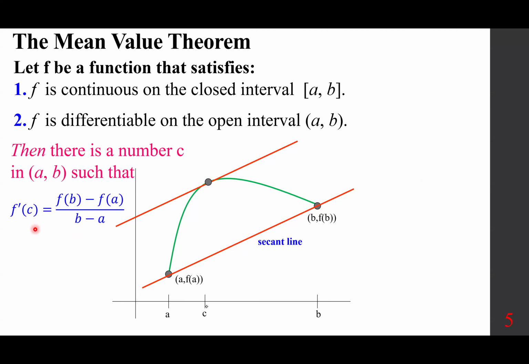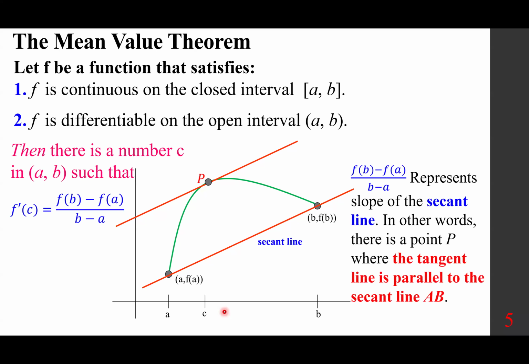So at that point, when you find the derivative, you set it equal to 0, gives you the point. That's the idea. So this is the point we are looking for. F of b minus f of a over b minus a represents the slope of a secant line. In other words, there is a point P where the tangent line is parallel to the secant line AB. This is the secant line AB.